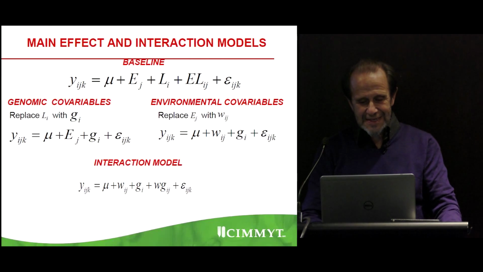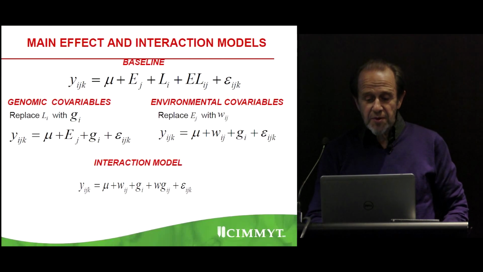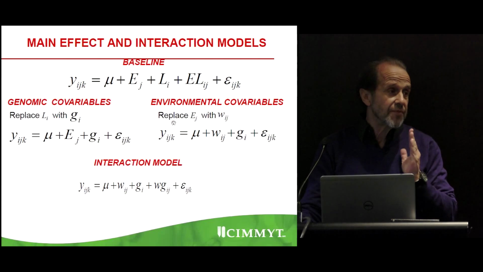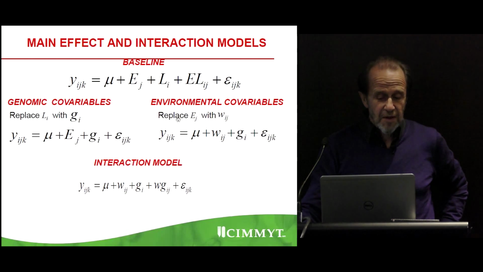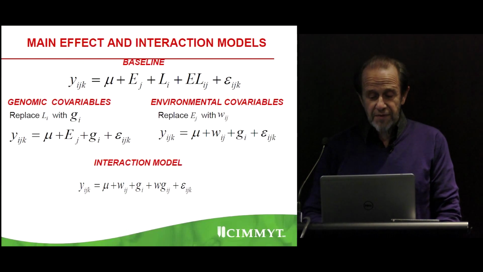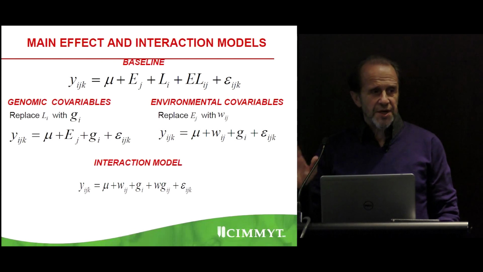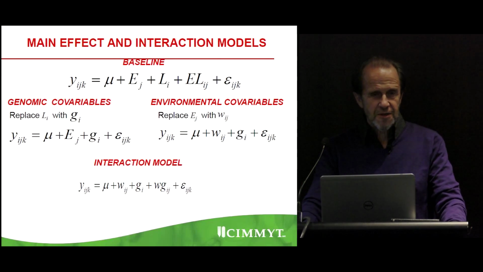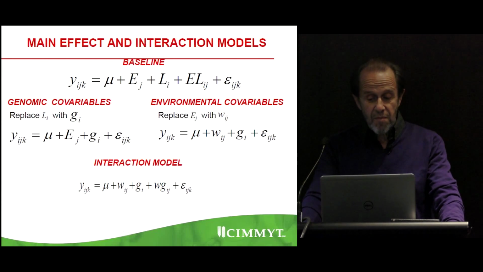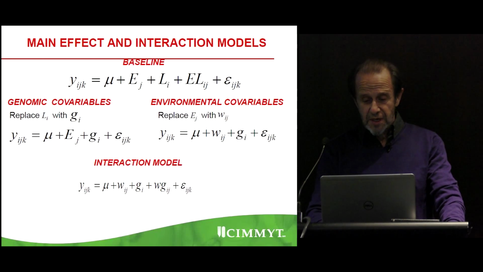And this marker structure is represented by the G matrix that has n by n, all the individuals with all the markers. We can do the same with environmental covariables if we have collected them. We might have maximum temperature, minimum temperature, the precipitation, and all these, and use them.